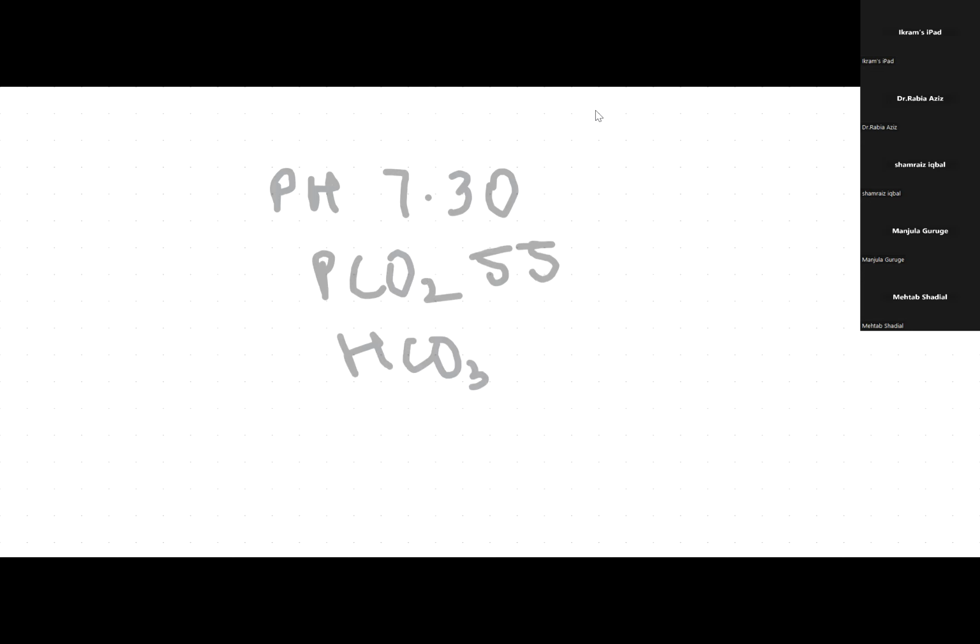What are the normal values? pH is 7.35 to 7.45. So this is decreased. Decreased means acidosis. You just label acidosis, okay?